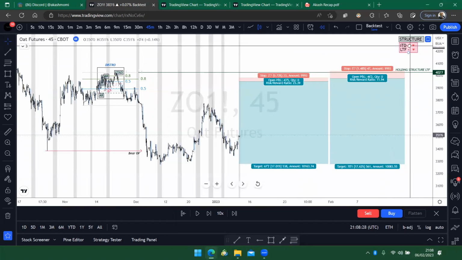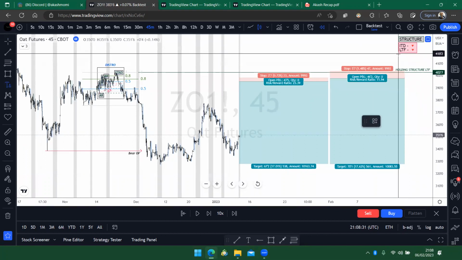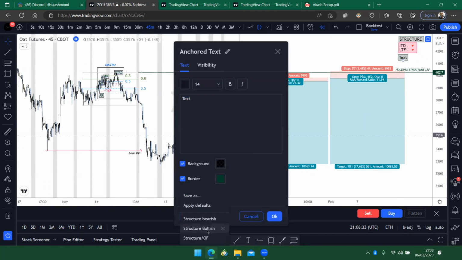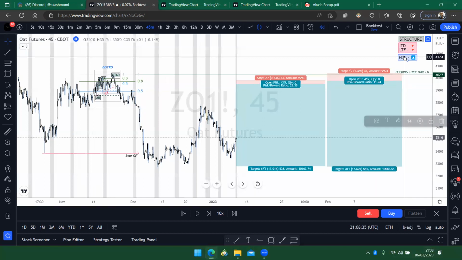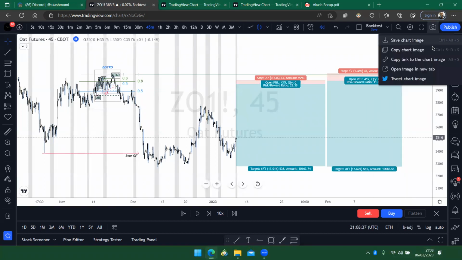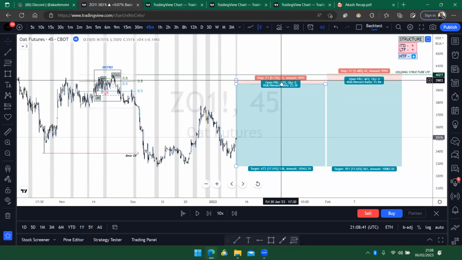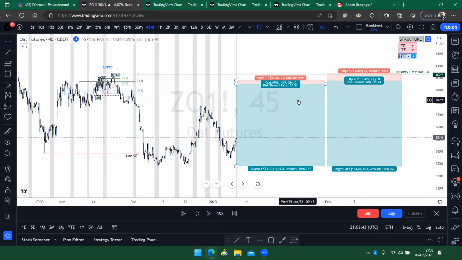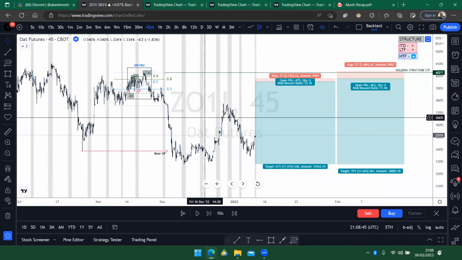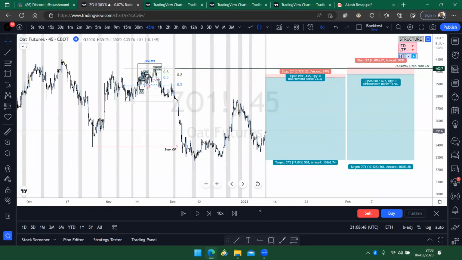We got that, we got this, and then we've got on that. There you go. Now I don't know what this would be in terms of pips or points, because I don't trade this. I don't trade futures, but as I said, this is for backtesting only.